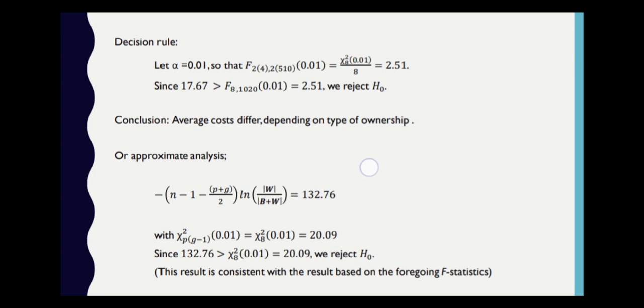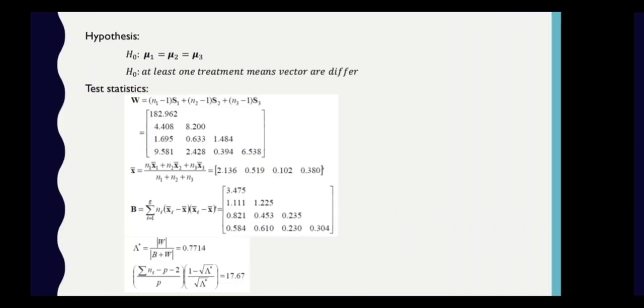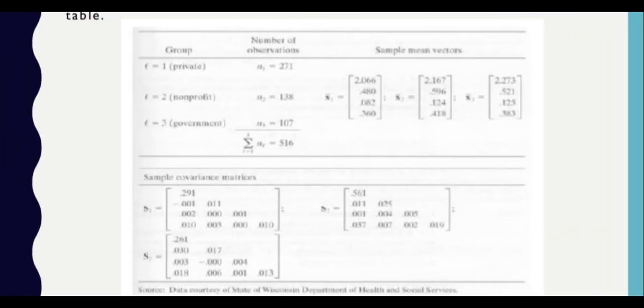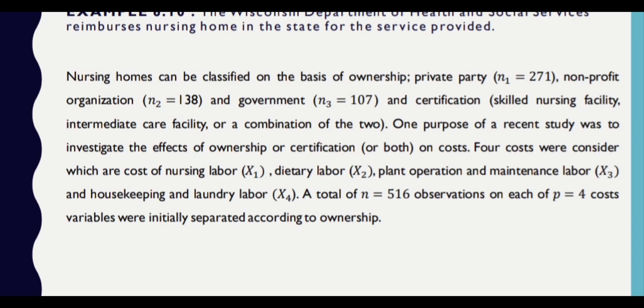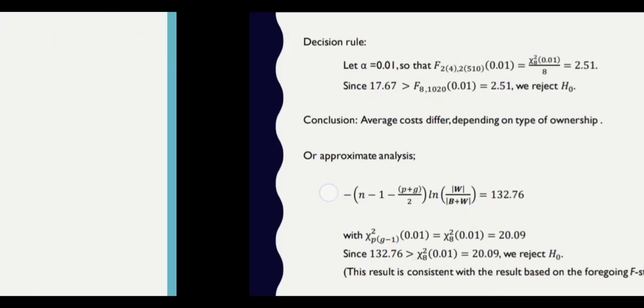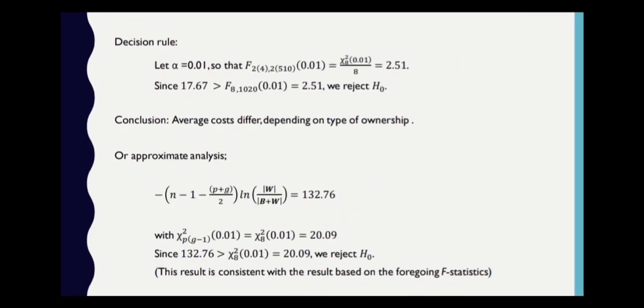Tapi we also can use this distribution test statistic because n is large tadi, kan? Because n is large, dia berapa tadi? 200. Okay, dan dia tadi 516, kan? 516 we consider as normal, as large.